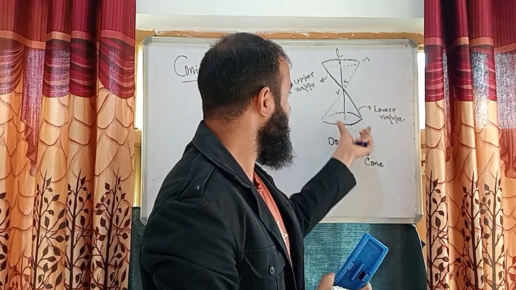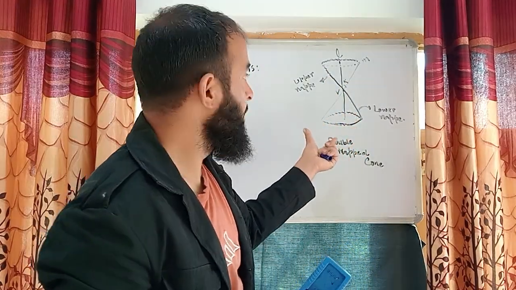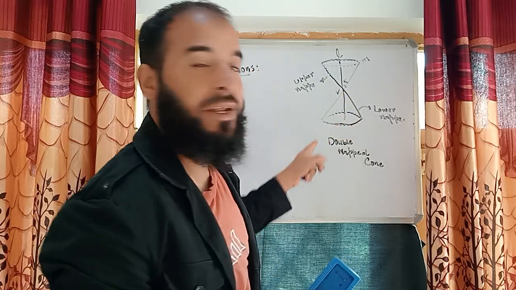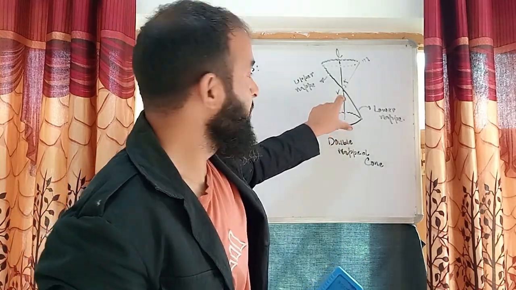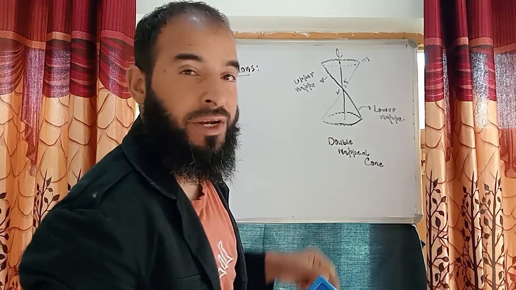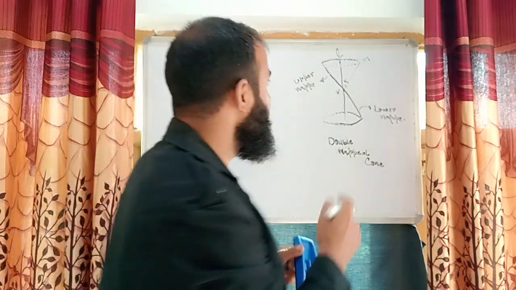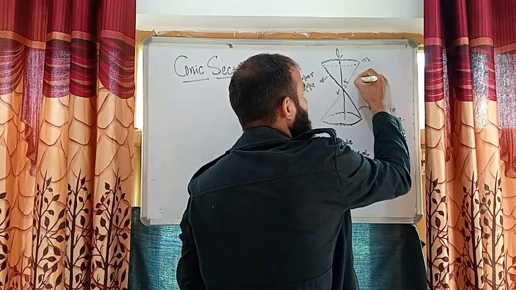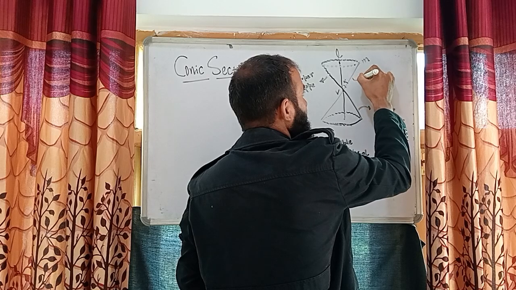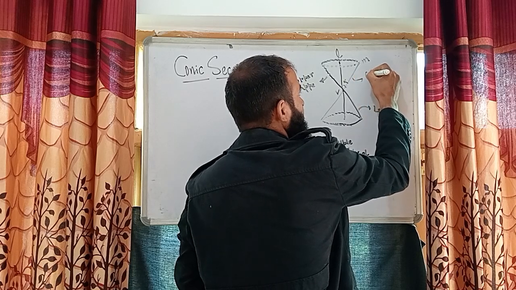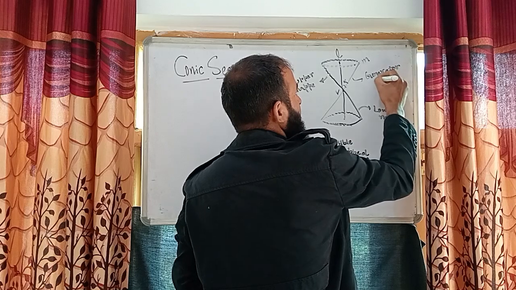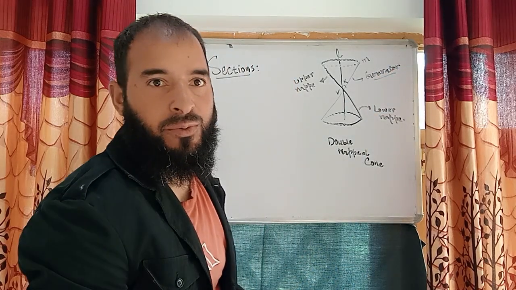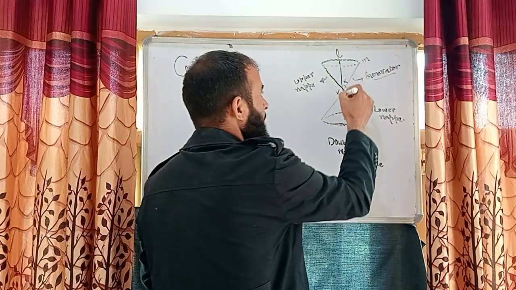We get this figure or this shape with the help of this rotating line, and this rotating line is called the generator of the cone.